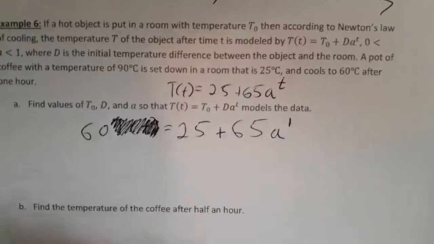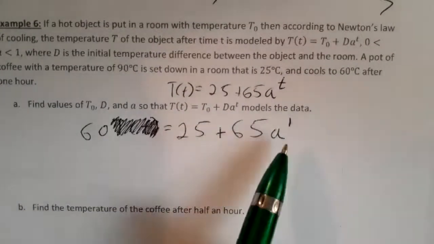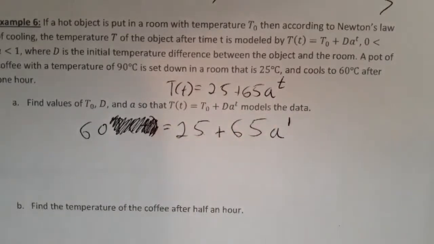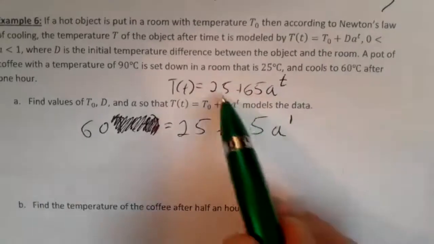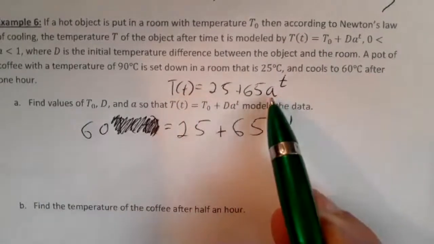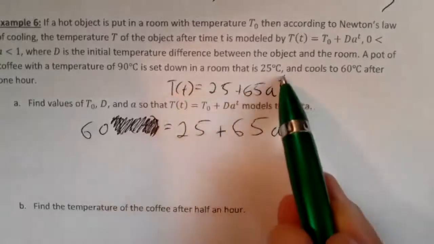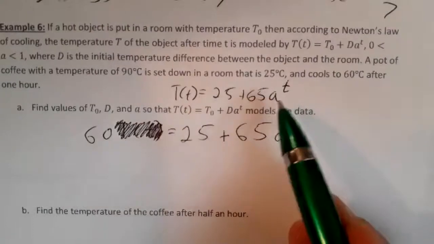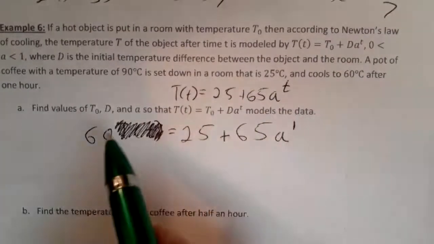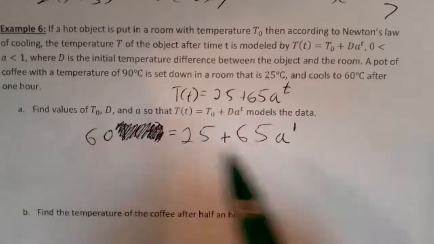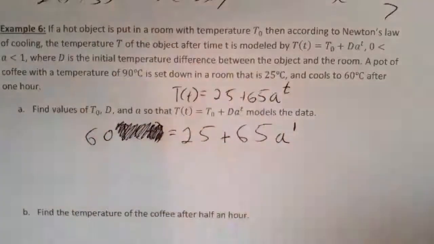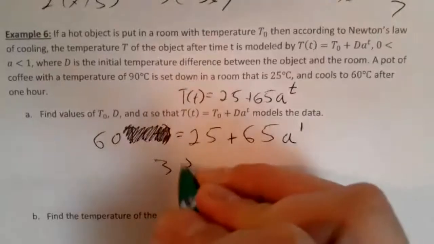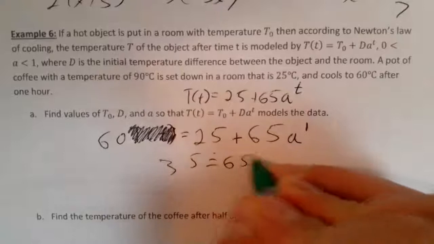Now I'm trying to solve this for A so that I can get a general formula. If we want a general formula, we want only our lowercase t and our uppercase T, so we really need to figure out what our A is. They gave us a point, so if we plug in that point, we can figure out A. Subtract 25, 60 minus 25 gives us 35 is equal to 65A.